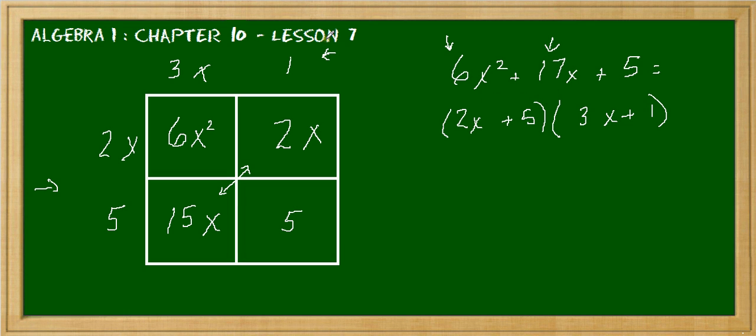I'm going to get us a cleaner board here and start again with the factoring. What they're doing here is simply creating the same opportunity to factor, but you're doing this in a different method without the box.